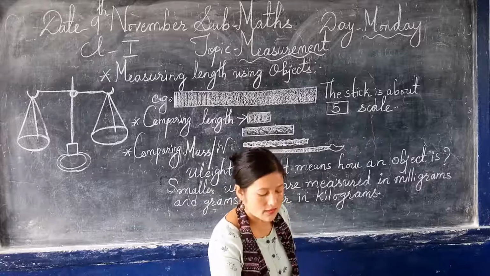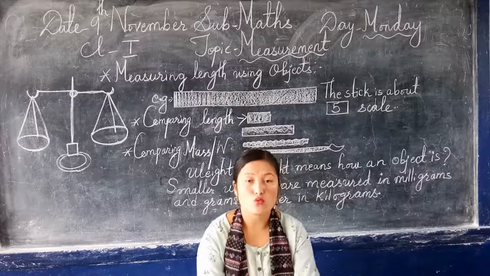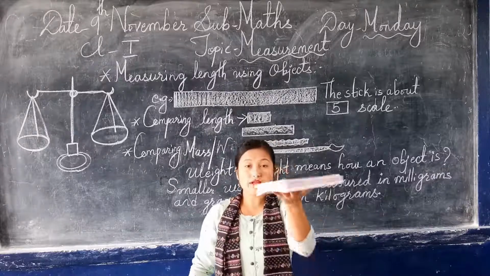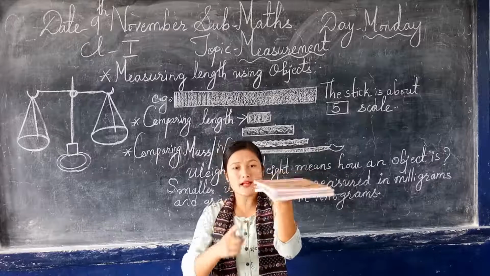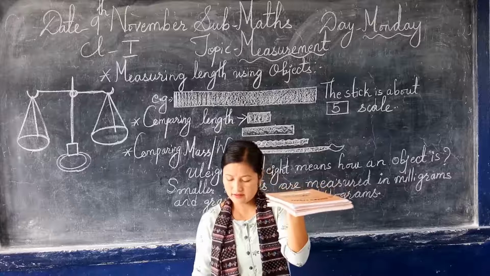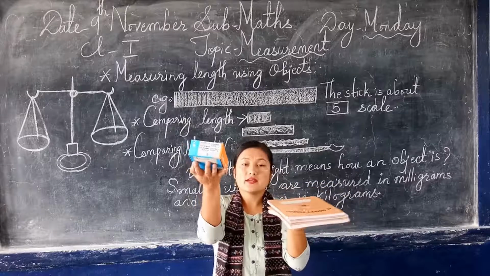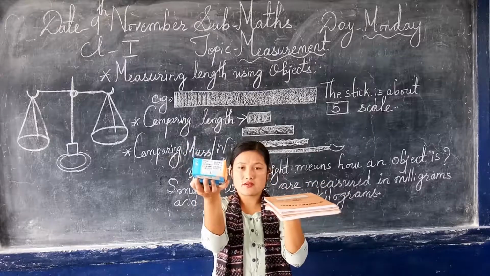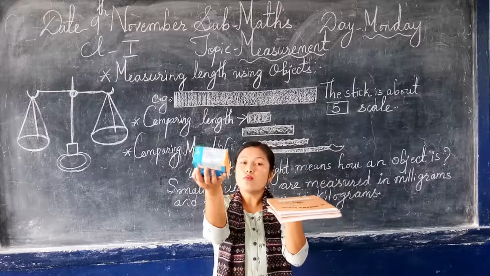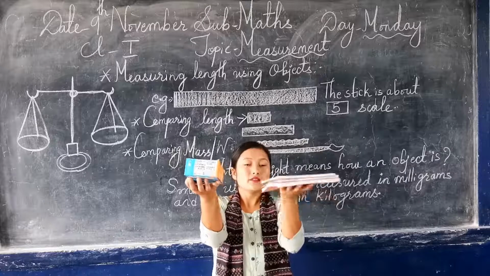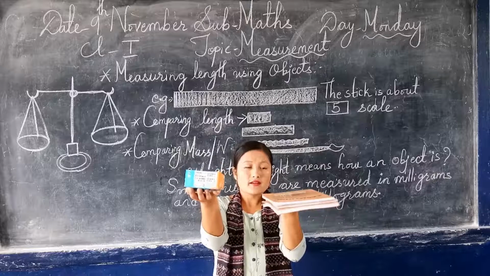So I also have an example of how to weigh. You can see here I have 3 copies in this hand and 1 box in this right hand. Here you can see the box and these copies in a weighing balance.